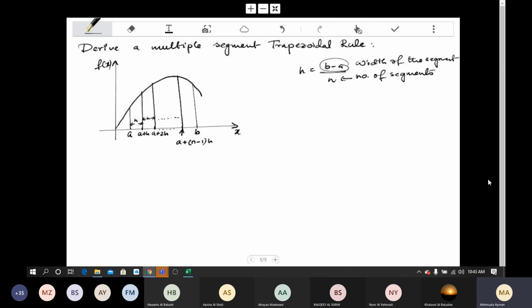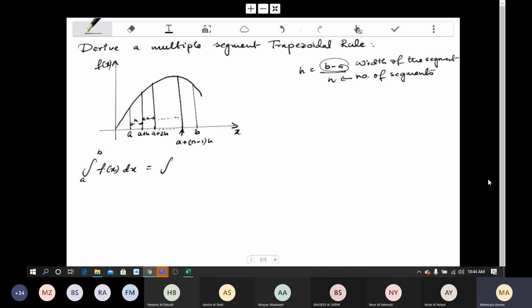So let me write the integral again. The integral from a to b of the function dx, and this function here we have separated into several segments, right? So for each segment, the integral now looks like what?